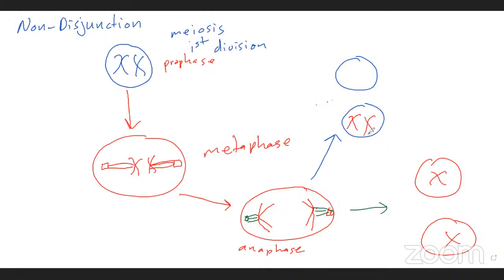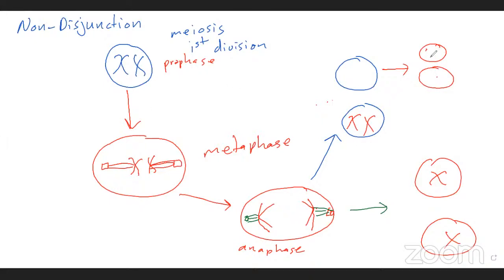So this is where the problem will start, because when this cell undergoes meiosis 2, what will happen? If the cell divides, will anything be inside of them? No. Let me see if I can explain everything on this board.